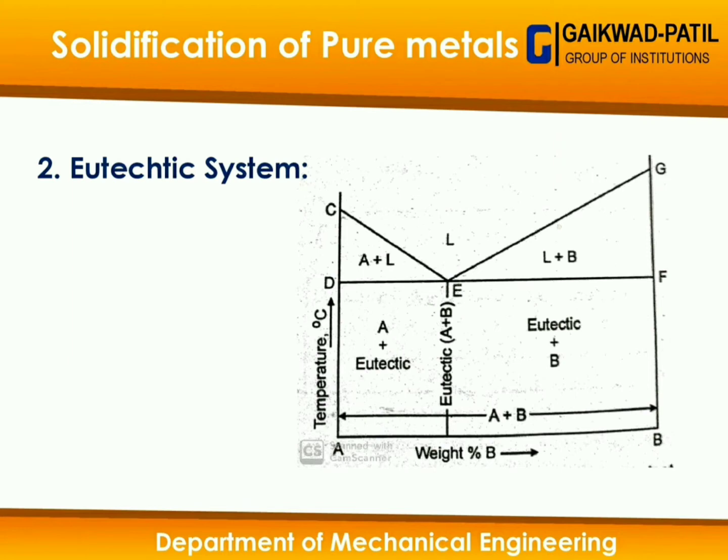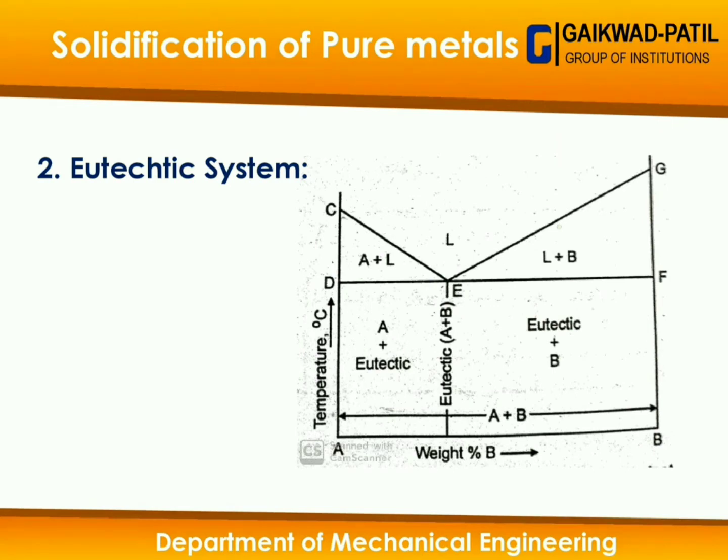So in the eutectic system, metal A and B are selected here. Metal A has melting temperature point C, and metal B has melting temperature point G. If we melt metal A up to point C and metal B at point G, and allow both metals to mix at point E, then we get an equilibrium solution.